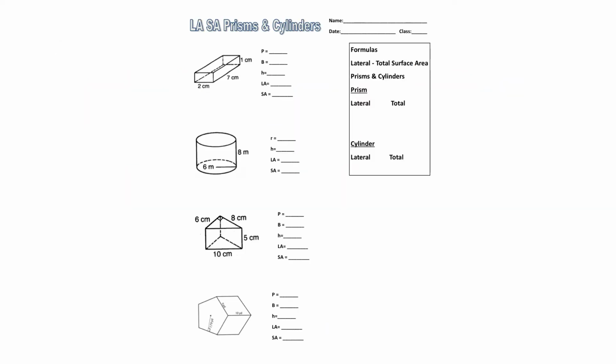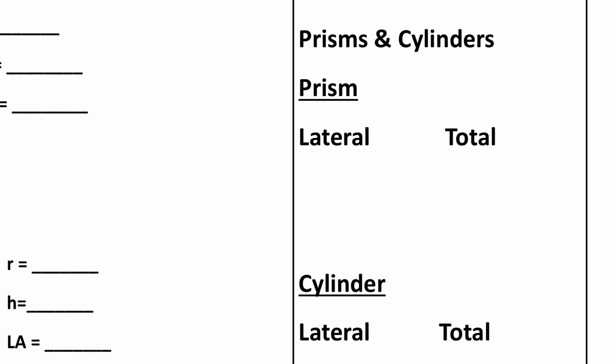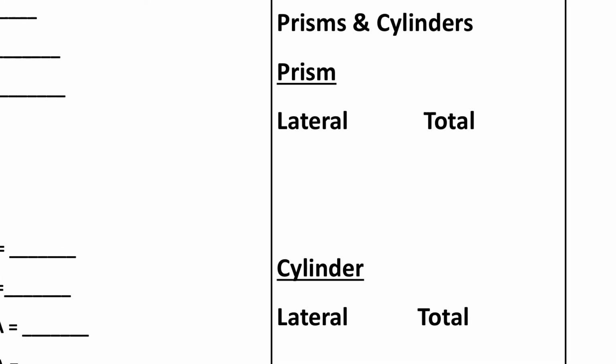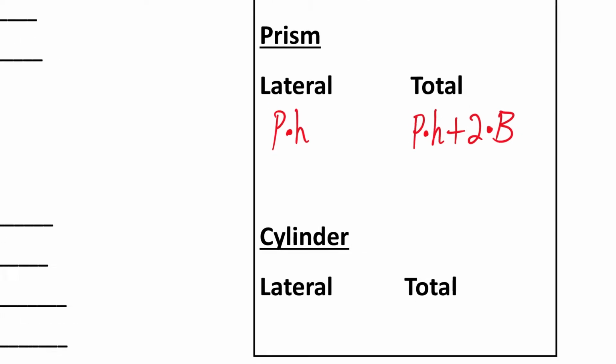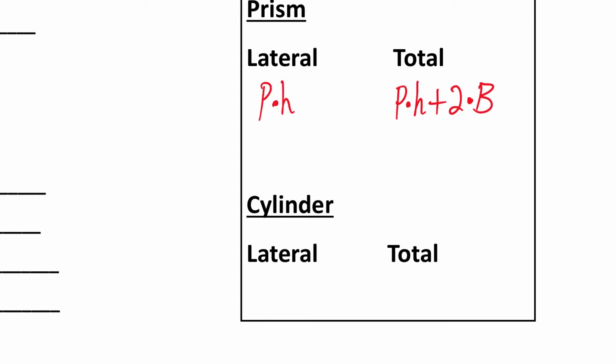Okay, so today what we're doing, on the front there, I'm just going to rewrite these formulas again real quick. For a prism, lateral is PH, total is PH plus 2B. For a cylinder, lateral is 2 pi RH.